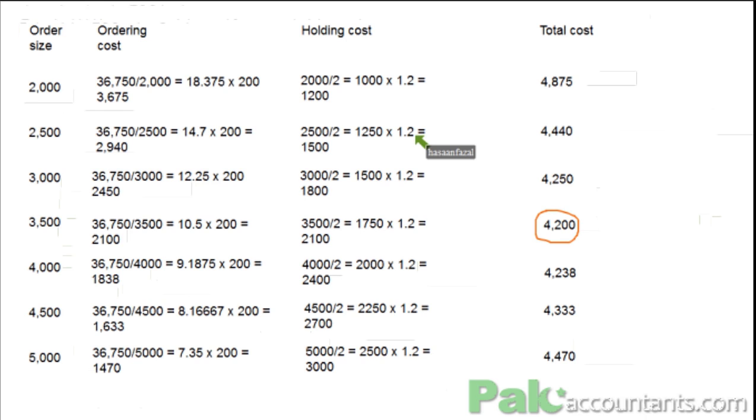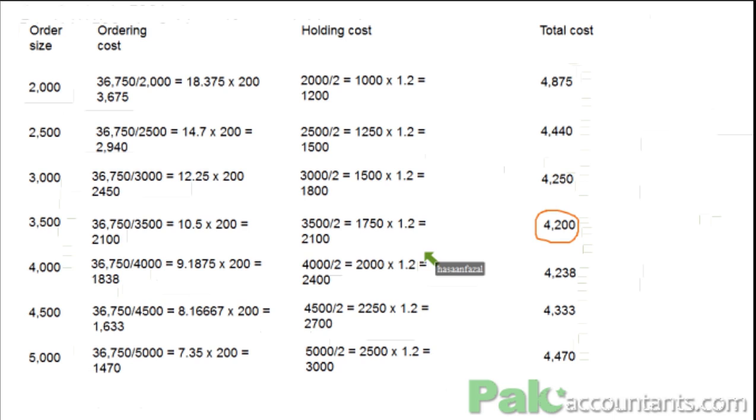So 3,500 in our situation is the economic order quantity, and if we see the holding and ordering cost for the other order sizes, at 2,000 the total is reducing to 4,140 and it's further reducing, and then it reaches 4,200, but after that your holding cost will be increasing proportionally more than the decrease in the ordering cost, and that's why your total cost will again be pushed up, and now you see that it's again increasing.